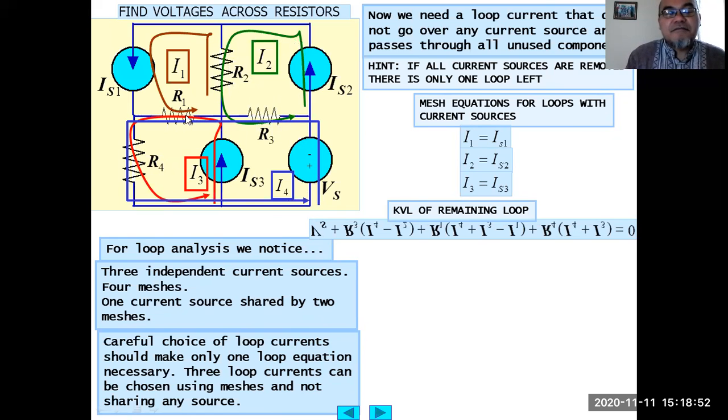Then plus R1 multiplied by I4 plus I3 negative I1. Then plus R4 here multiplied by I4 plus I3 equals 0.